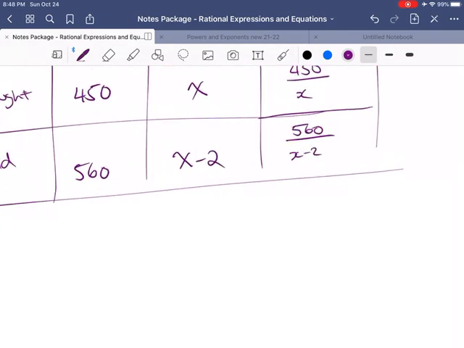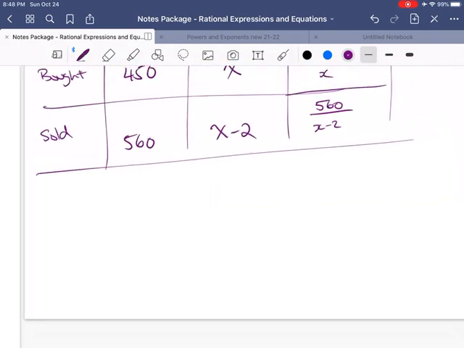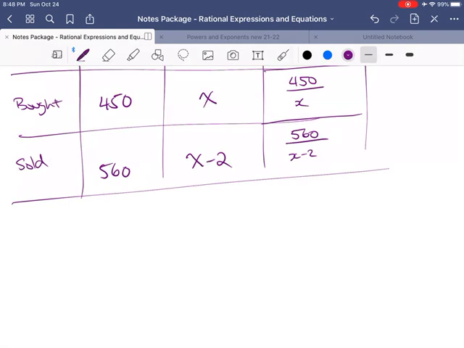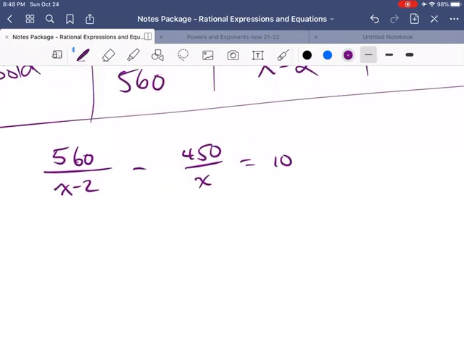I wrote this way too big, so I have to zoom in to fit all this in here. That chart was obscene. So we're taking the sold rate, 560 divided by the number of shirts, and subtracting the bought rate, 450 divided by x. Let's put in some numbers.